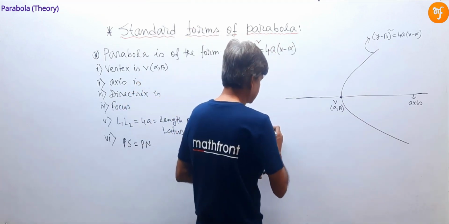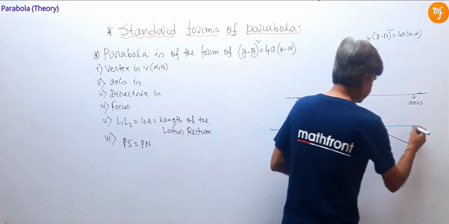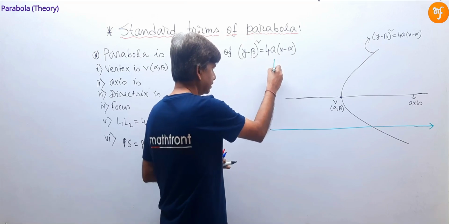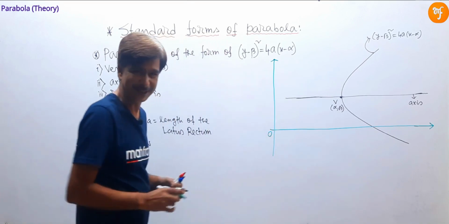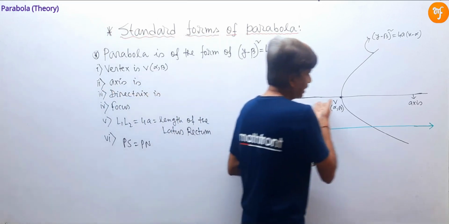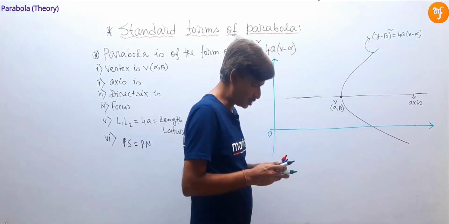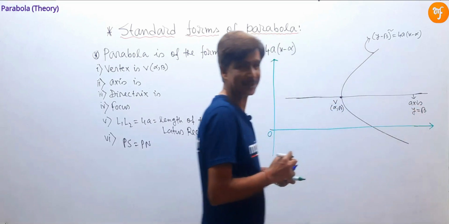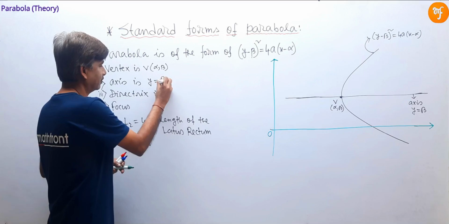So considering this is the x-axis, and this is the y-axis, this is the origin. Clear? So the axis is parallel to the x-axis and passing through the point alpha comma beta. So the equation of the axis is y equal to beta.